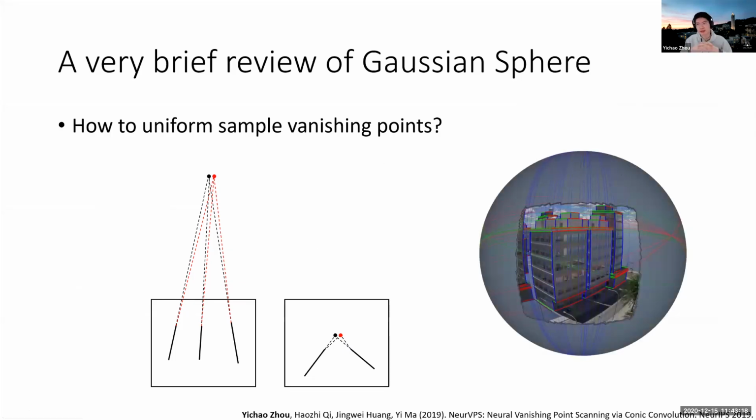This is not really something new. Every vanishing point corresponds to a direction in 3D, so we can just put the image onto a sphere. Traditionally, this is called a Gaussian sphere. And you can just sample the unit vector from this sphere. It's equivalent to sampling in the image space.